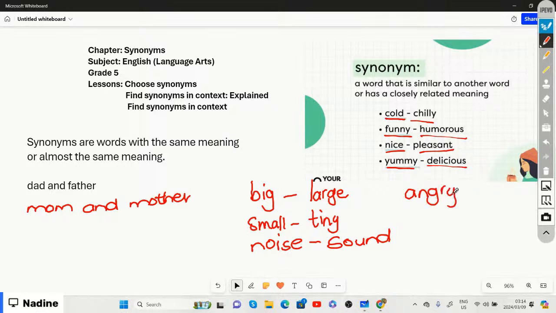Then we can also say that I am mad. So if I'm angry, we can also say that I am mad. So these are a few examples of synonyms, right? And we said synonyms are words with the same meaning, or words with almost the same meaning.